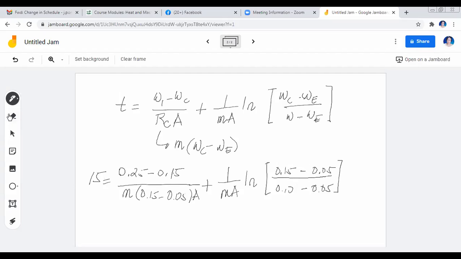Now, if you notice, class, in all of this you have the MA not known. So in this case, we will solve for the constant MA.